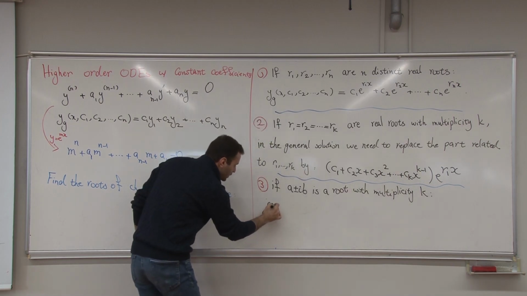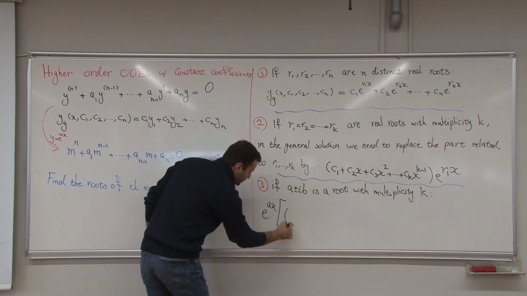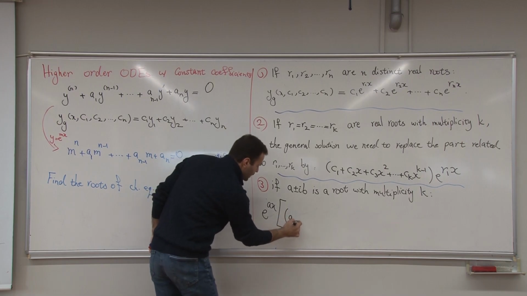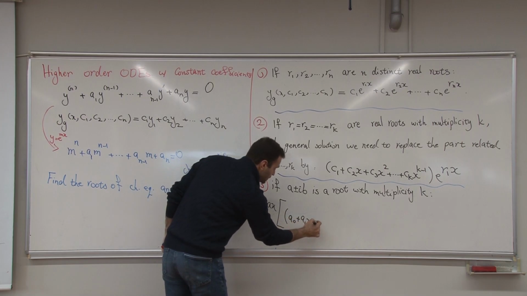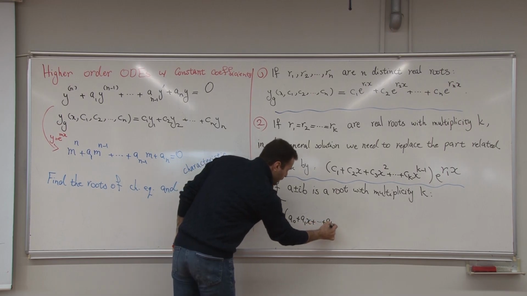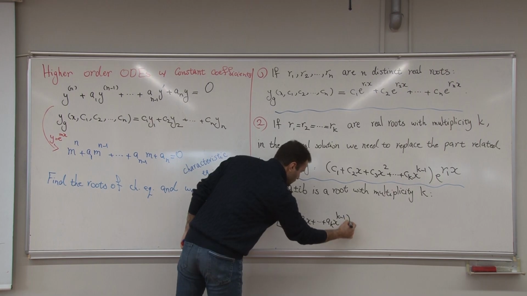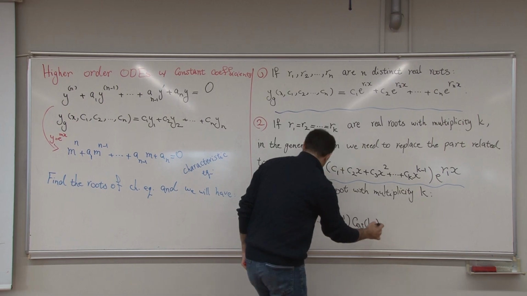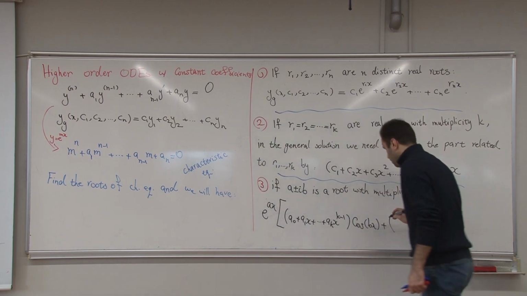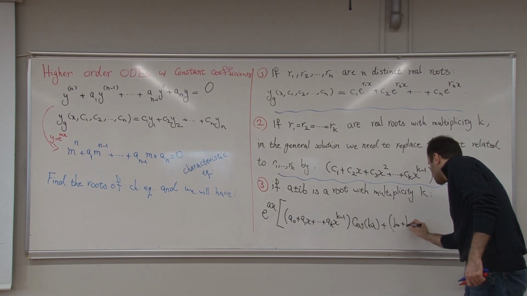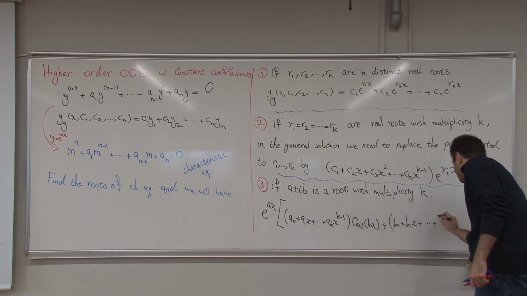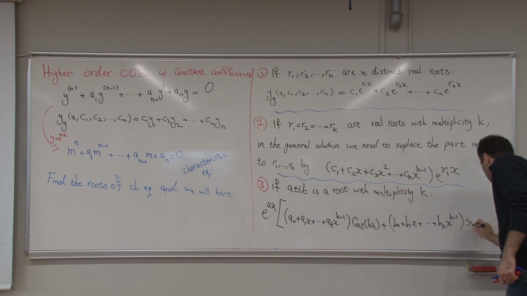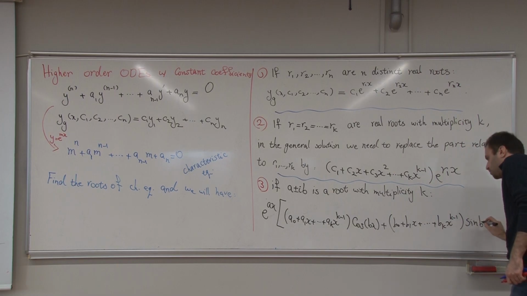e to the power of ax multiplied by a0 plus a1x up to ak x to the power of k minus 1, multiplied with cosine of bx, plus b0 plus b1x up to bk x to the power of k minus 1, sine of bx.